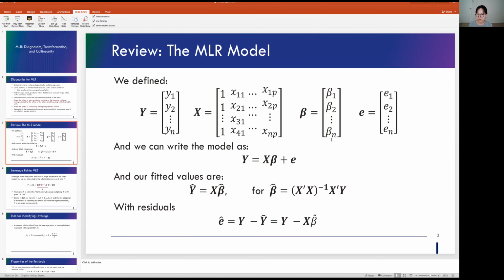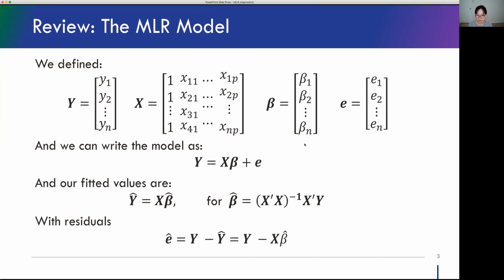I suspected this is wrong. So this whole beta should be a vector of p plus 1, so this should go from beta 0 to beta p instead of having n of them. I need to correct that as well. Sorry about that. For now, ignore this one. We just use this vector of length p plus 1 for this beta vector.